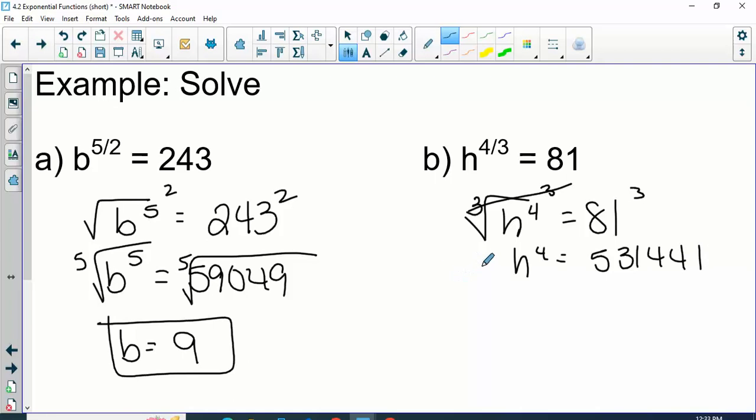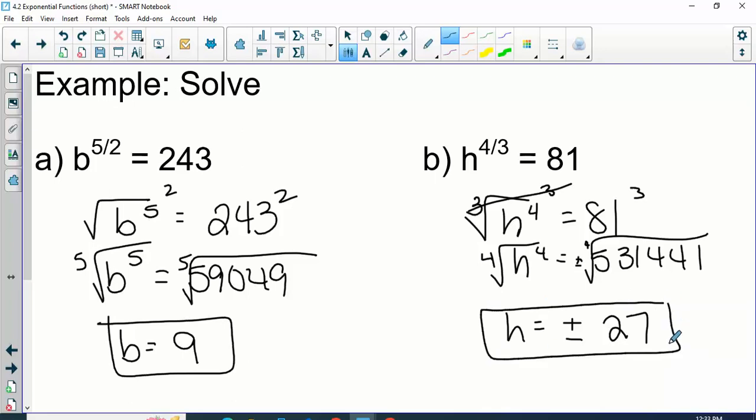How do we get rid of a 4th power? Fourth root. And since that is even, that one we need a plus or minus. So plus or minus, and the 4th root of that is 27.